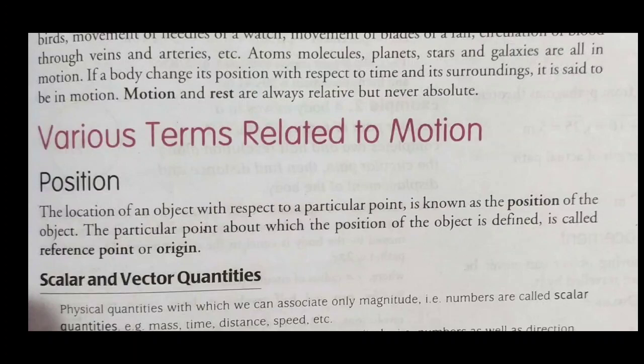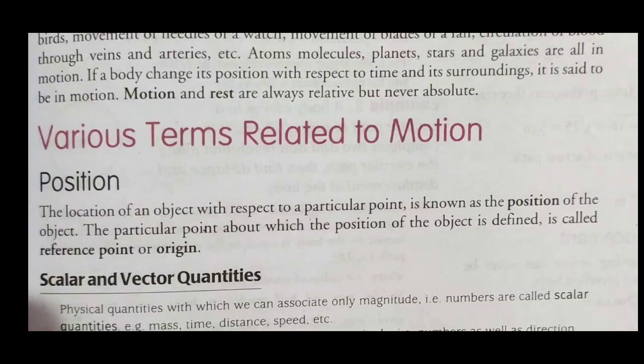Now, if I say that the school is 10 kilometers away from my house, what is the reference point and what is the position? We can say that the reference point is my house.